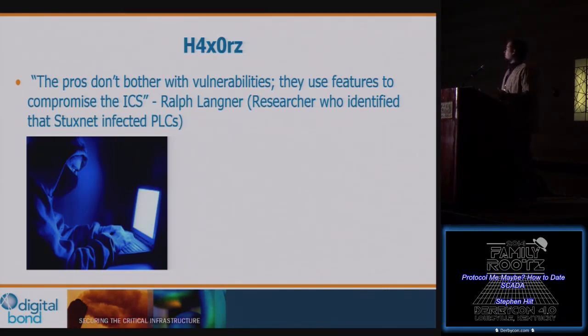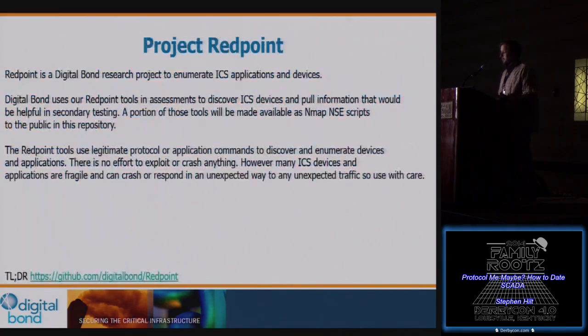Based off of that, what we set out to do at Digital Bond is a project called Project Redpoint. Project Redpoint is a Digital Bond research project that we use to enumerate ICS applications and devices. These tools are meant to discover and enumerate the devices via the native protocols.